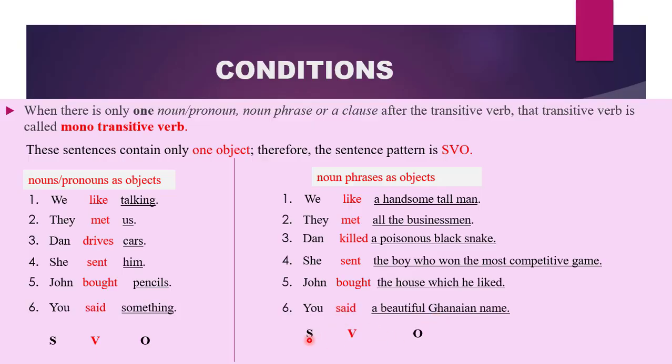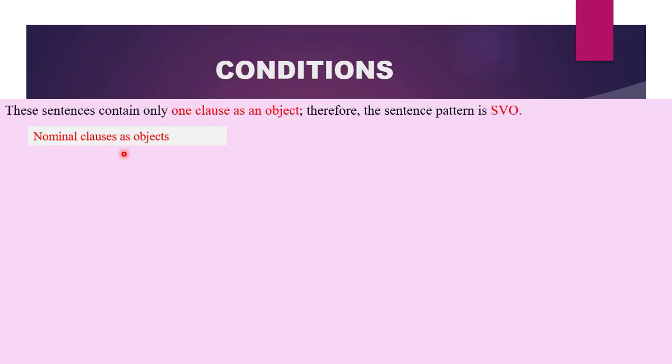So our pattern would be SVO. Now let us continue to look at clauses that can function as objects. These are specifically for advanced English learners. Number 1, I know what she likes. What do I know? What she likes. Therefore, what she likes is suffering from the action know.